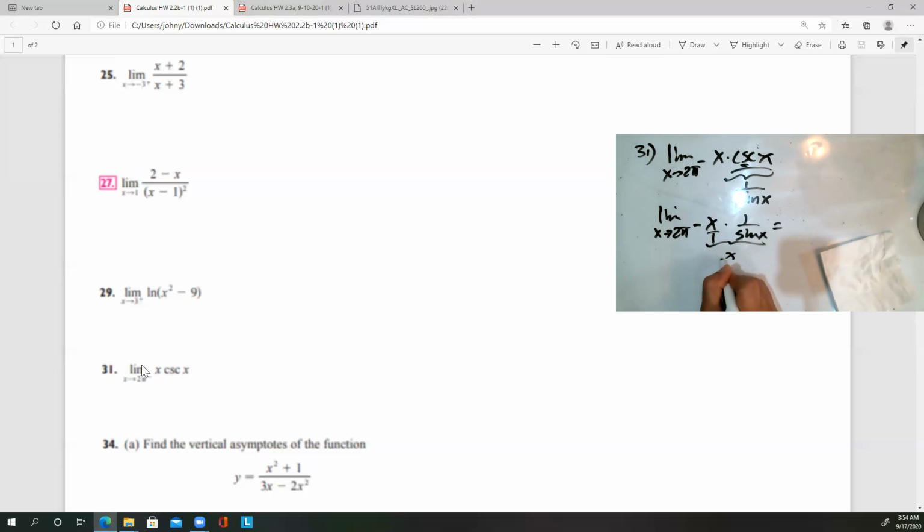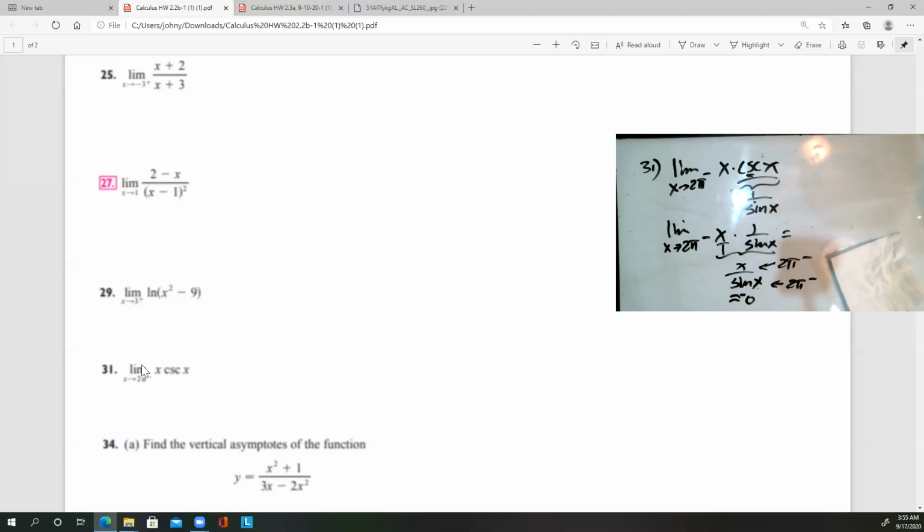So that becomes x over sine of x. And you can try to figure out what that is. This is going towards 2 pi from the left. Sine is going to be close to 0 from the negative side. You can graph it if you want, or just see what happens. That's your hint.